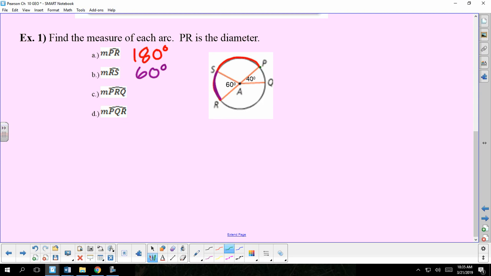P gives me the starting point, the direction through R all the way to Q. Since all the way around the circle is 360, this is going to be 360 minus 40, or 320 degrees for the arc. And PQR, going this direction, I'll use blue. That's also a semicircle, so that's 180 degrees.